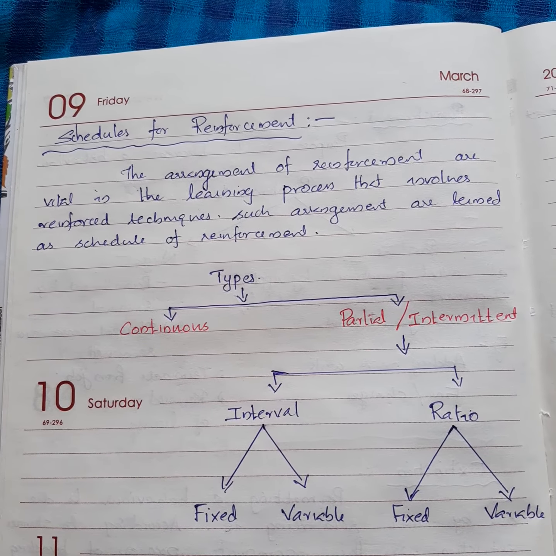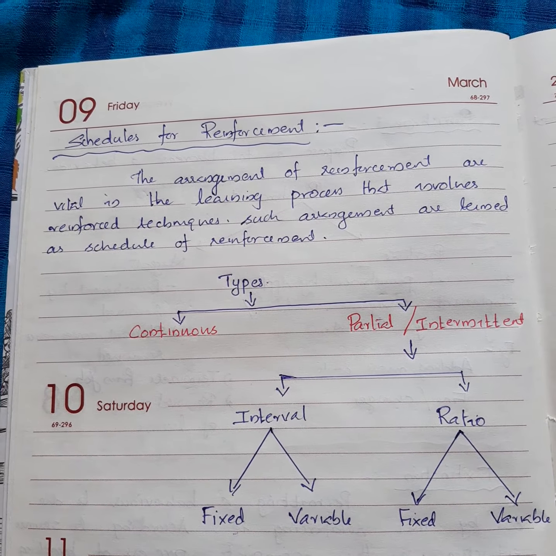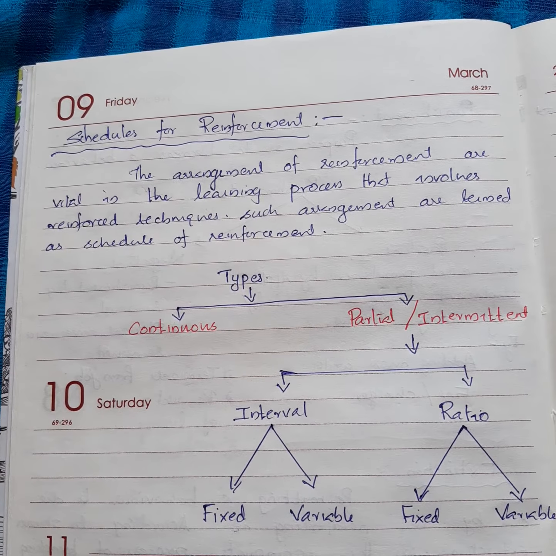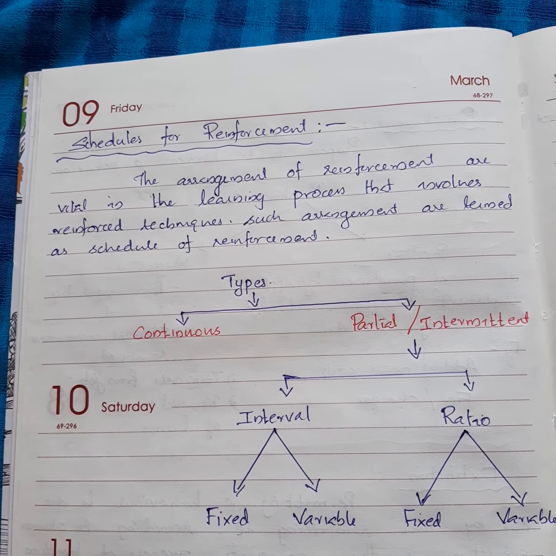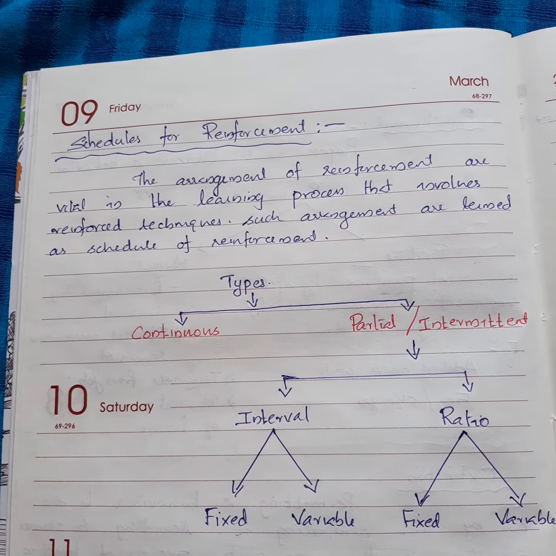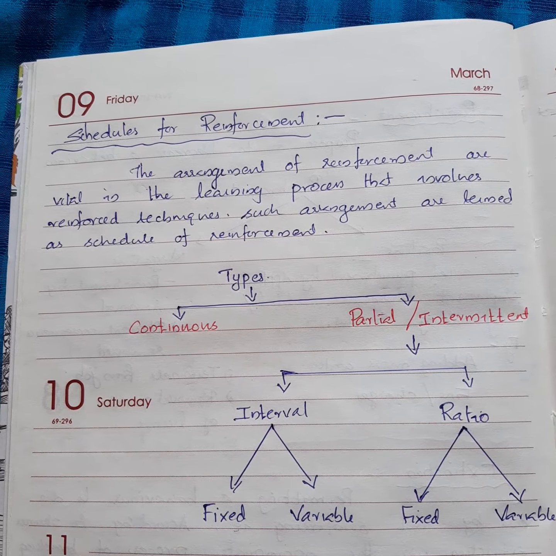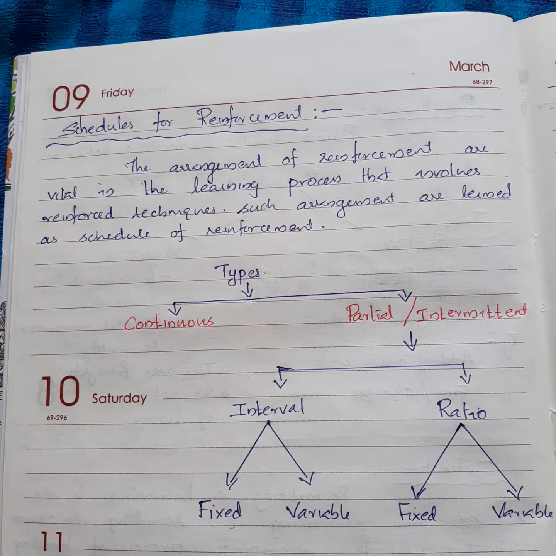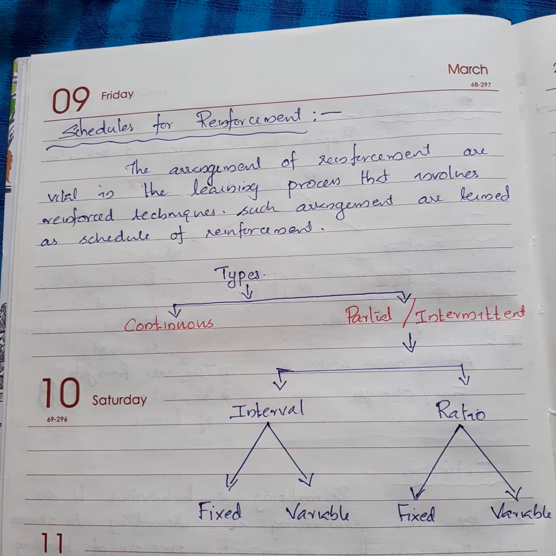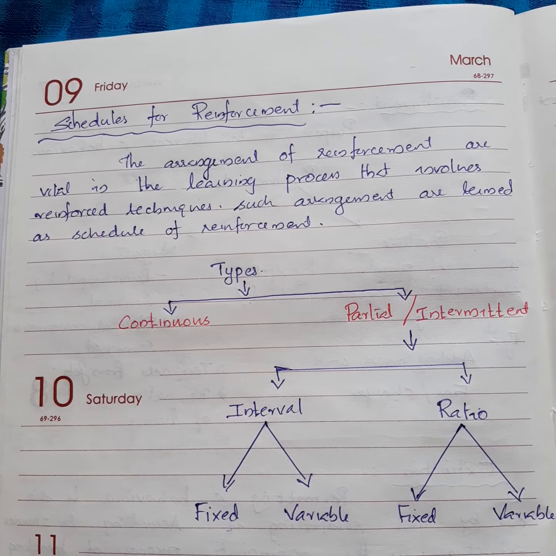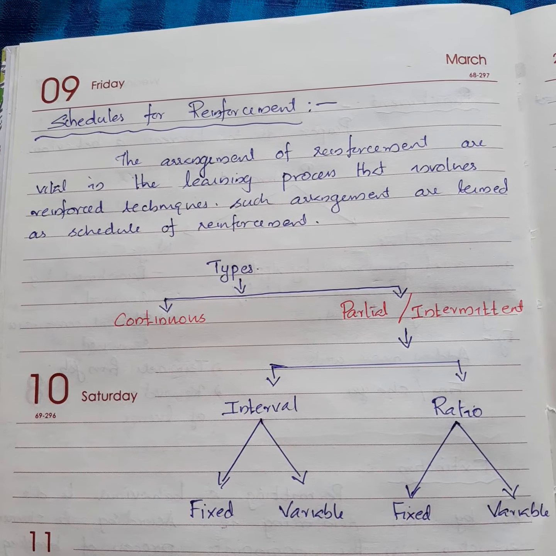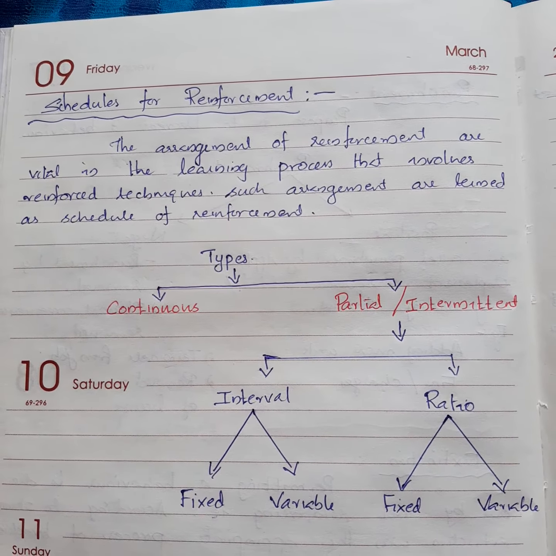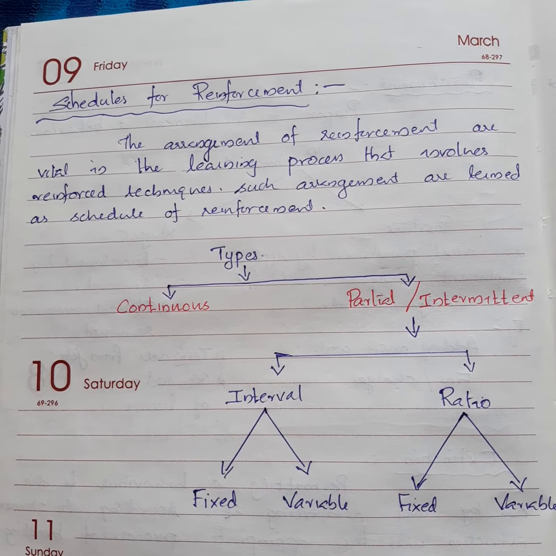Partial or intermittent reinforcement is classified into two categories, interval and ratio. Interval schedule is further classified into fixed interval schedule and variable interval schedule. Similarly, ratio schedule is further classified into fixed ratio schedule and variable ratio schedule. Now, let's learn each in detail.